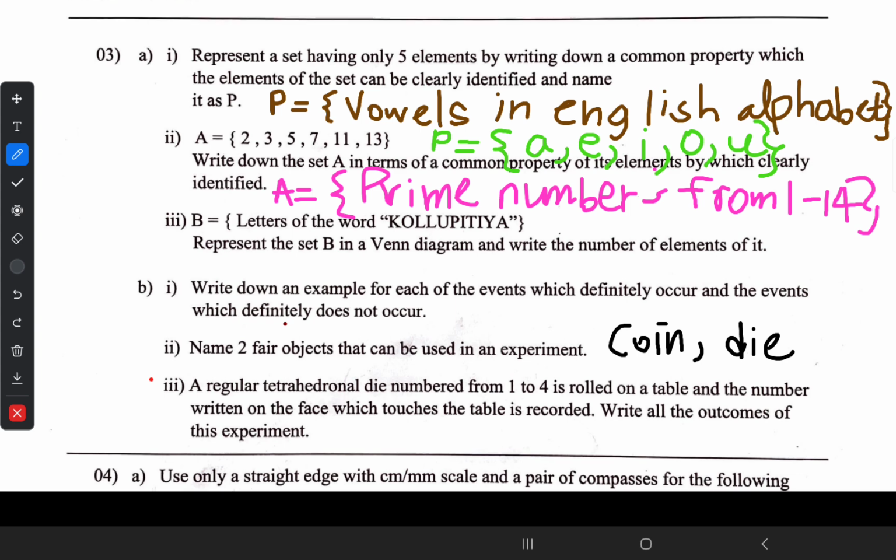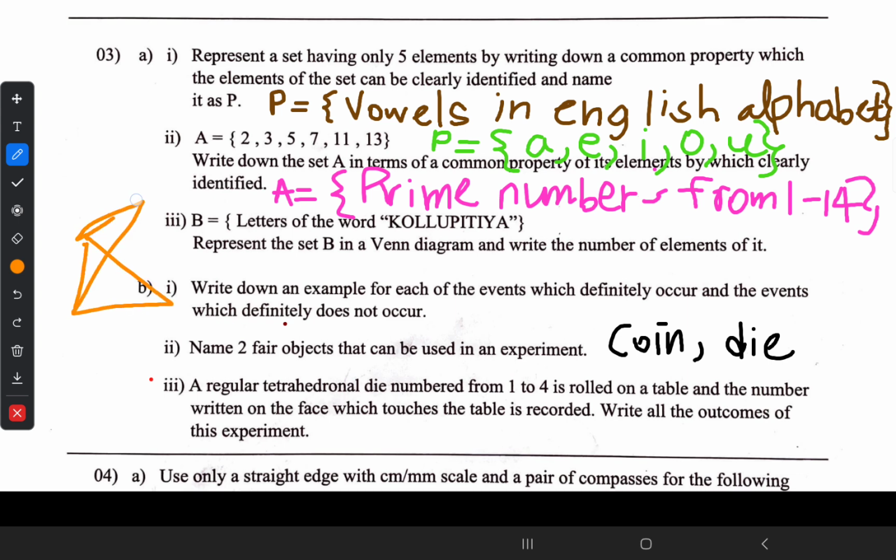A regular tetrahedral die numbered 1 to 4 is rolled on the table and the number written on the face which touches the table is recorded. Write down the outcomes. In a tetrahedral die, there are four faces, each a triangular face.